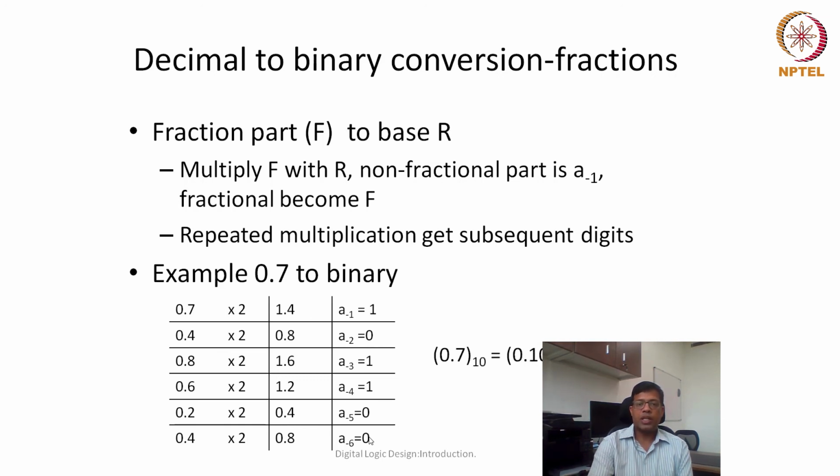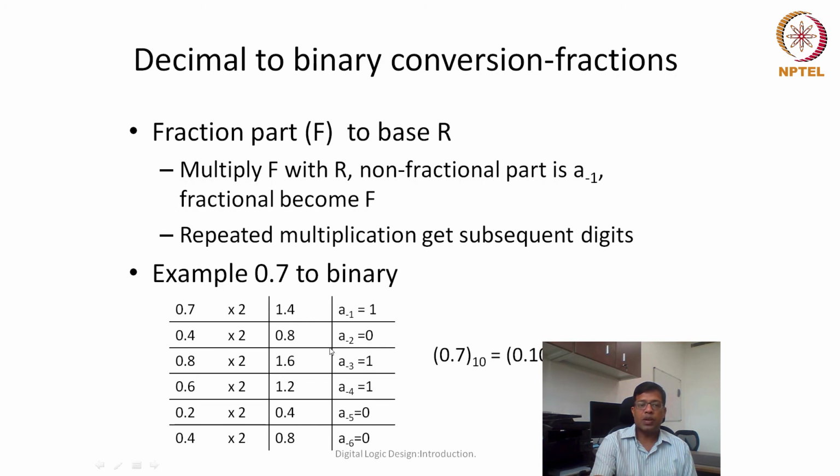Now we can say that 0.7 in decimal is equal to 0.1011100 in binary. For this particular number there is one observation: this number is non-terminating. That means these bits in binary are non-terminating, because 0.7 is not followed by 0, but this is not completed.